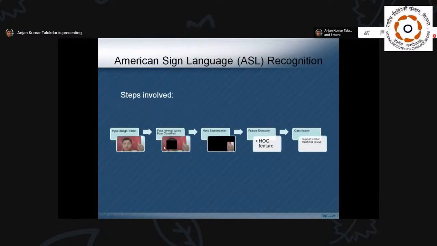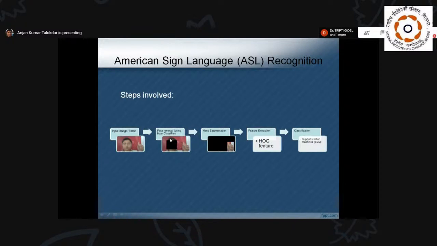First I read the input image frame. Then I remove the face part, because I am going to use a skin color based segmentation technique to segment the palm from the background.